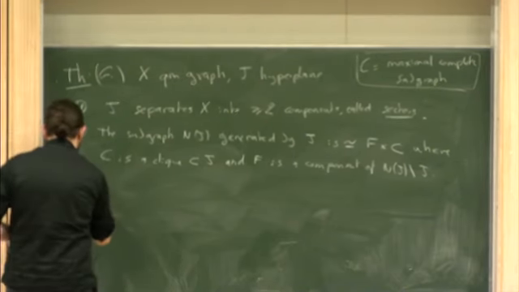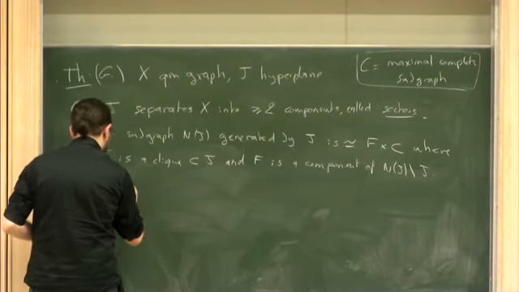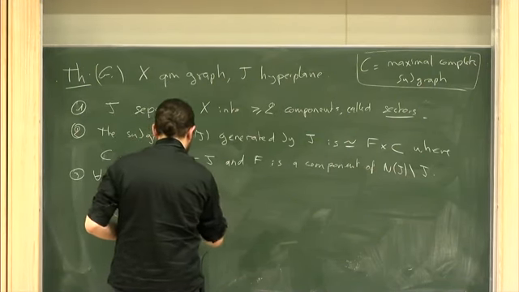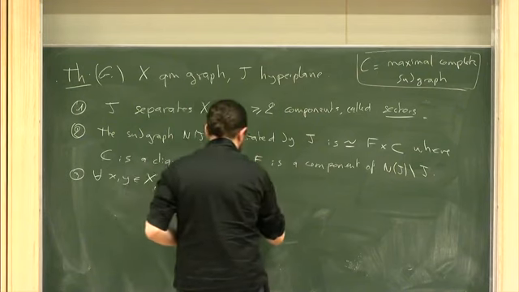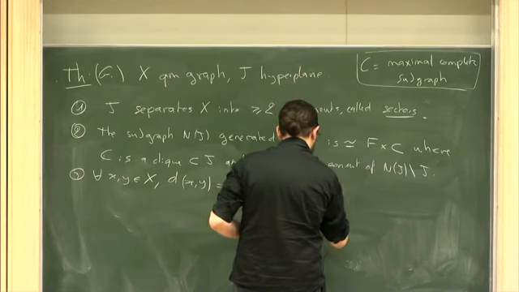So the third point is that for every two vertices x and y, the distance between x and y is equal to the number of hyperplanes separating them.